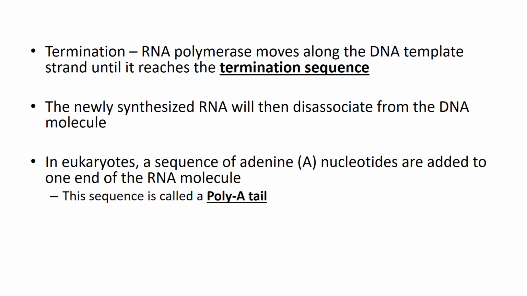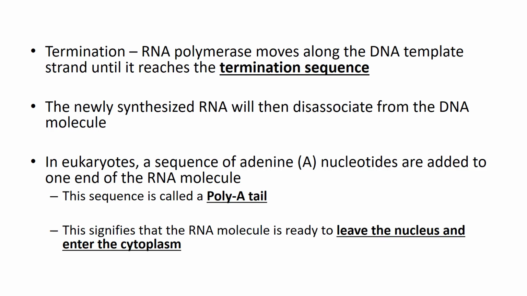And in eukaryotes, what will happen is that we're going to add a long string of adenines called a poly-A tail. So poly, meaning many, A adenine tail at the end of the RNA sequence. And ultimately, what this does is it's essentially a flag, if you will, a signaling structure that tells the cell that this mRNA is now ready to be processed to leave the nucleus.